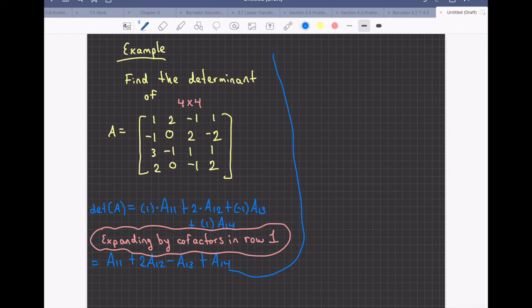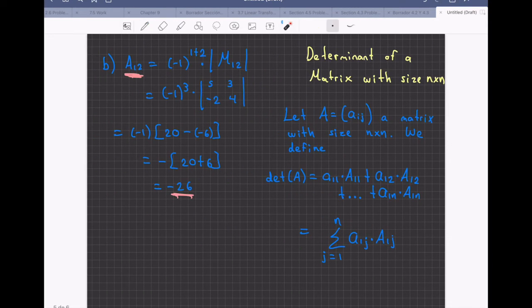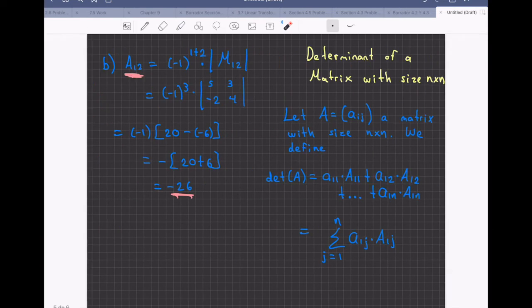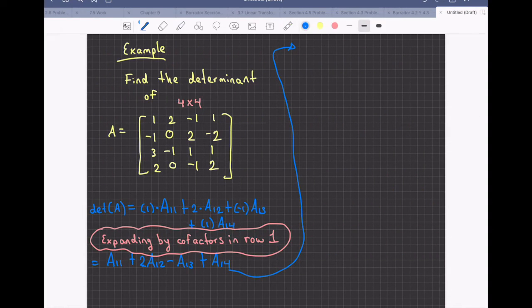Let me continue here. Remember, A11 is the cofactor. We have the definition for the cofactor. A11 is going to be -1 raised to the 1 plus 1 times the determinant of the minor 1, 1.